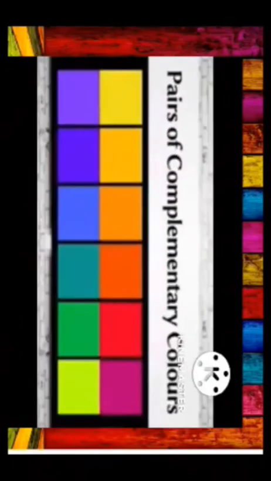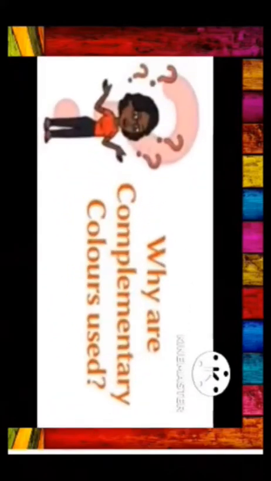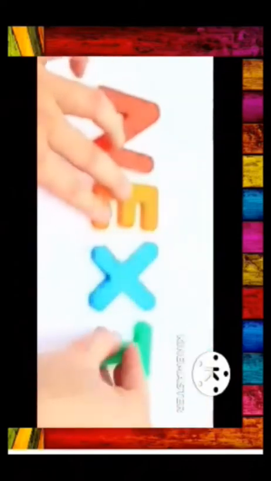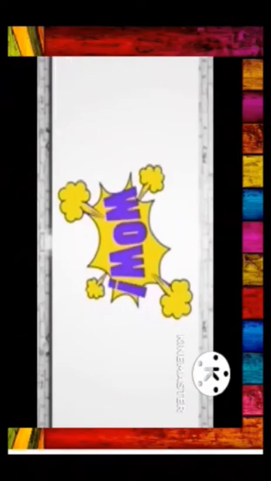Now, let's take a look at the pairs of complementary colors. When complementary colors are placed next to each other, they appear brighter. This allows parts of your artwork to stand out, thus grabbing the viewer's attention. In other words, complementary colors behave like best friends.